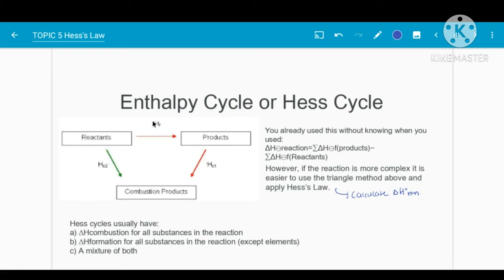Let's say this is the enthalpy change of formation, this is route 1. Maybe for route 2, it has enthalpy change of combustion. So inside the Hess cycle, it may have enthalpy change of formation, enthalpy change of combustion, or both.